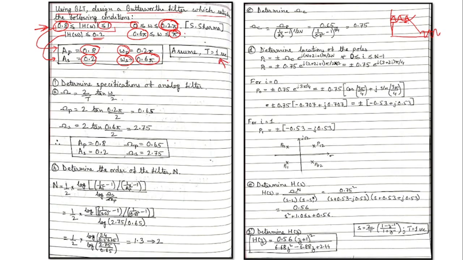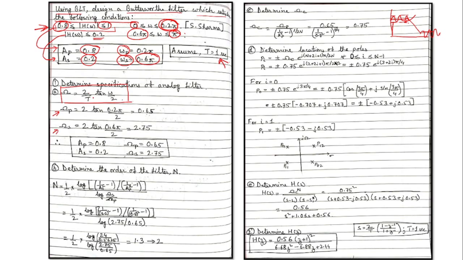In our previous class, if you remember correctly, we discussed the calculation of the cutoff frequency by using the pre-warping equation. So over here, we know this is the pre-warping equation, and we will calculate omega p and omega s.